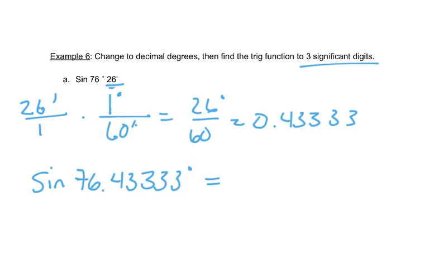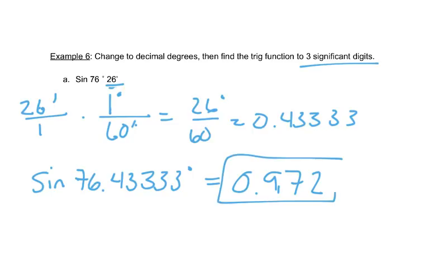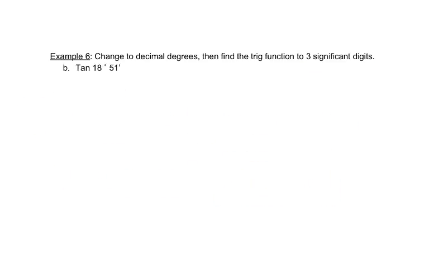So if I type in the sine of 76.433333, I get 0.972. The next number is a 0, so that's my 3 significant digits. Here we do 51 minutes over 1 degree over 60 minutes.